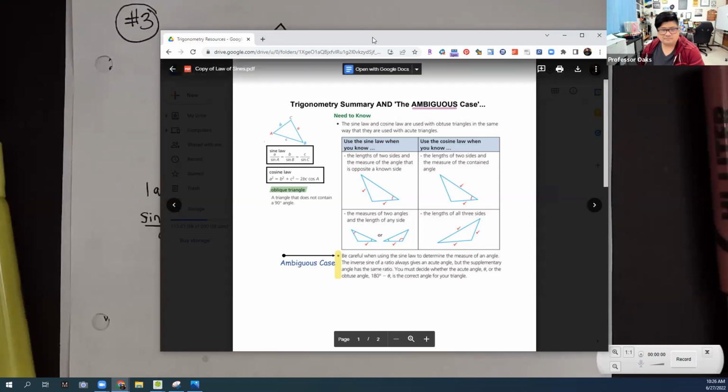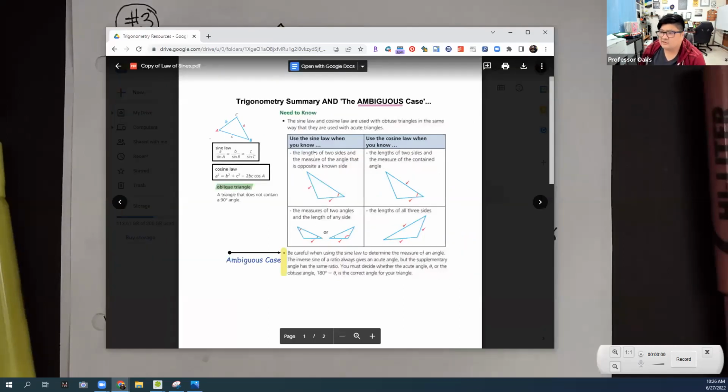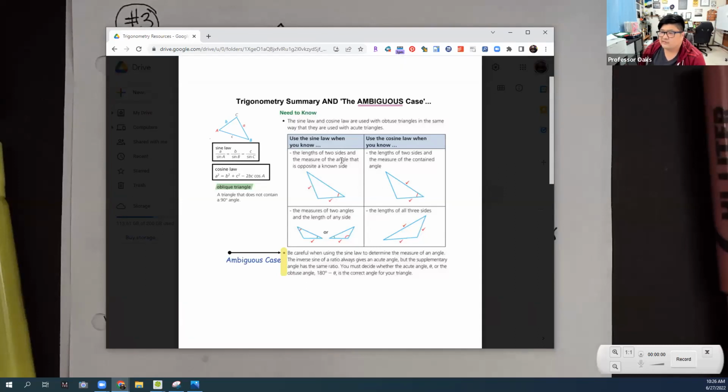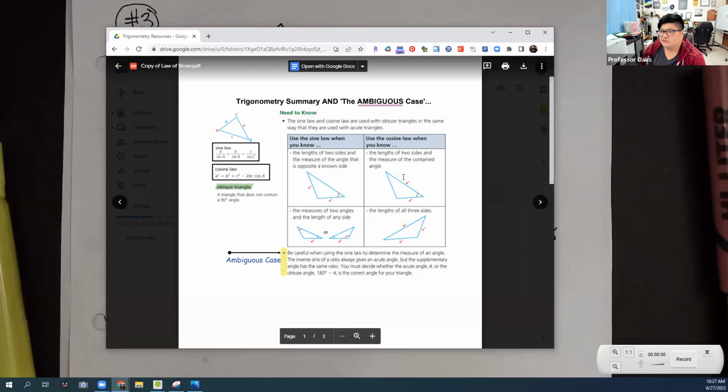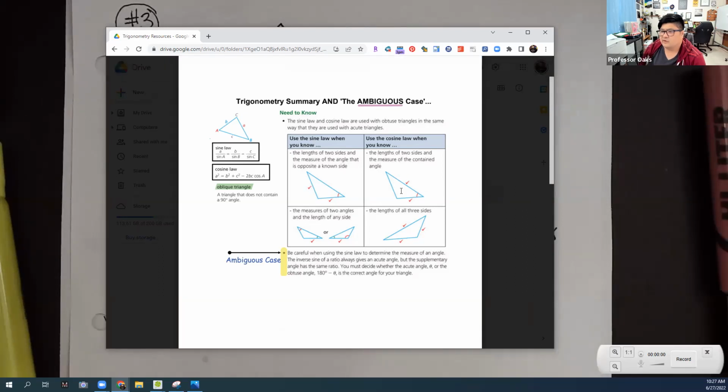You use the law of sines when you know the length of two sides and the measure of an angle opposite a known side, or the measures of two angles and the length of any side, and then the law of cosines when you have one of these two cases over here.